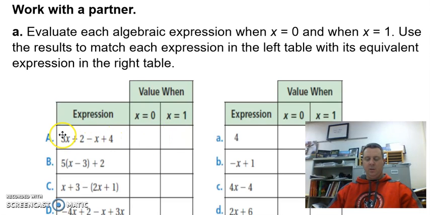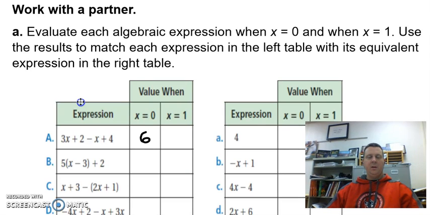So for example, if you take a look at column 1 here for the expression, if I have 3, I'm looking at x is 0: 3 times 0 plus 2 minus 0 plus 4. So 3 times 0 is 0, plus 2 is 2, minus 0 is 2, plus 4 is 6. So our value here when x is 0 is 6.